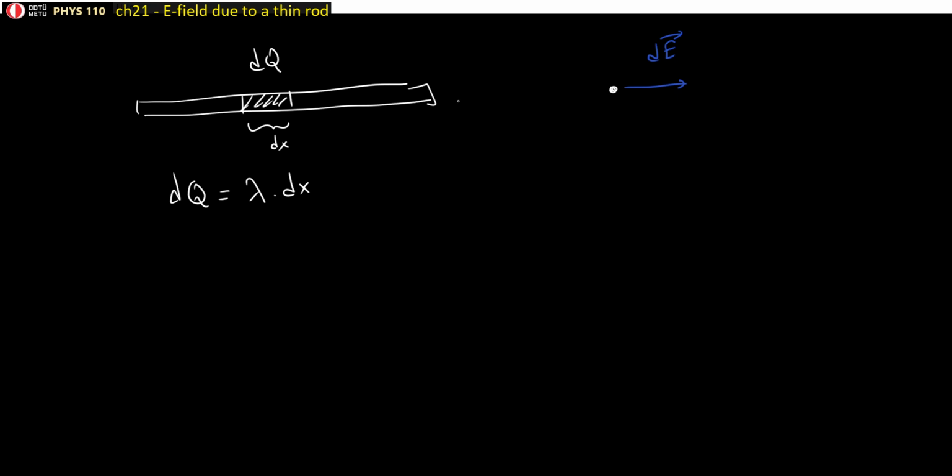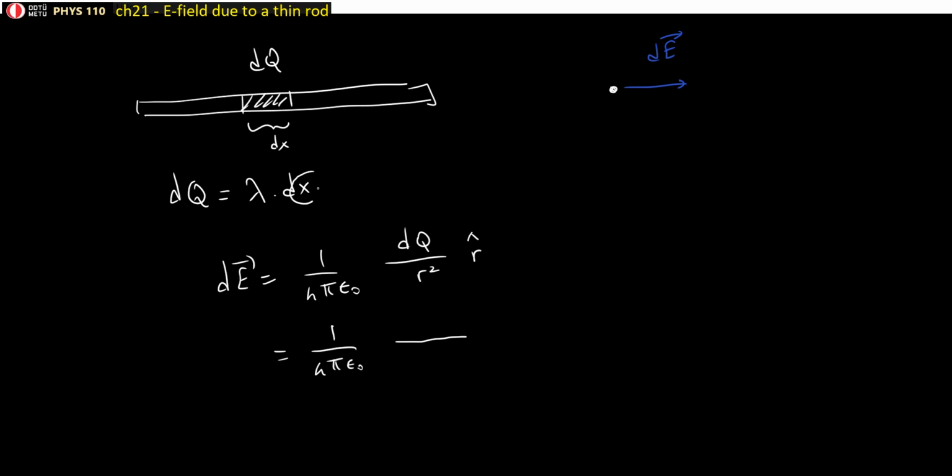In any case, I know that this dE in here, the electric field produced by that charge, is given by the usual Coulomb formula times the r unit vector. At this point, I can replace every expression in here in terms of the integration variable.